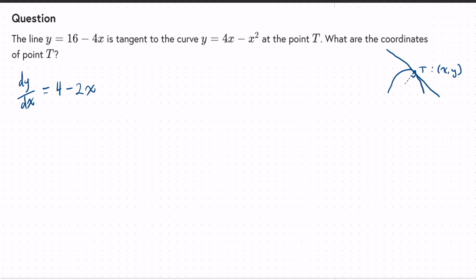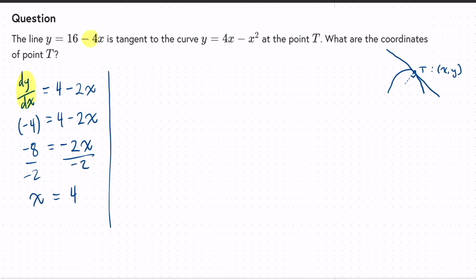And I know that at t, this is going to be my gradient. So I substitute that in, and I'm trying to find the x value of t, remember. I minus 4 from both sides, negative 8. x is equal to 4.